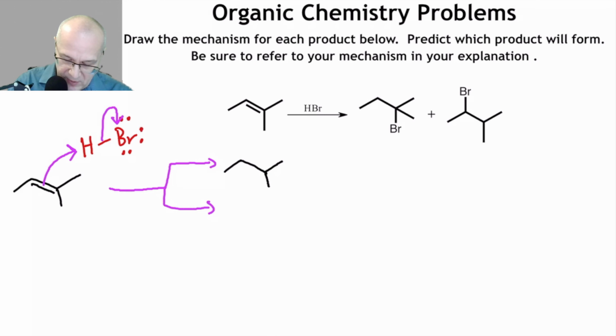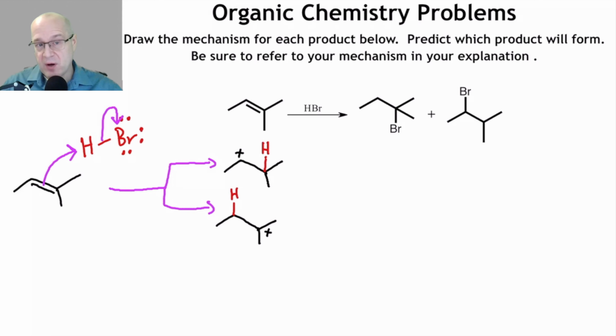You could put the carbocation here and the hydrogen here. That's just putting the hydrogen on one of the carbons. There's a carbon here it could go to. There's a carbon here it could go to. It can go to either one. We can predict which one it will go to, though. So I'll put the carbocation there and the hydrogen here.